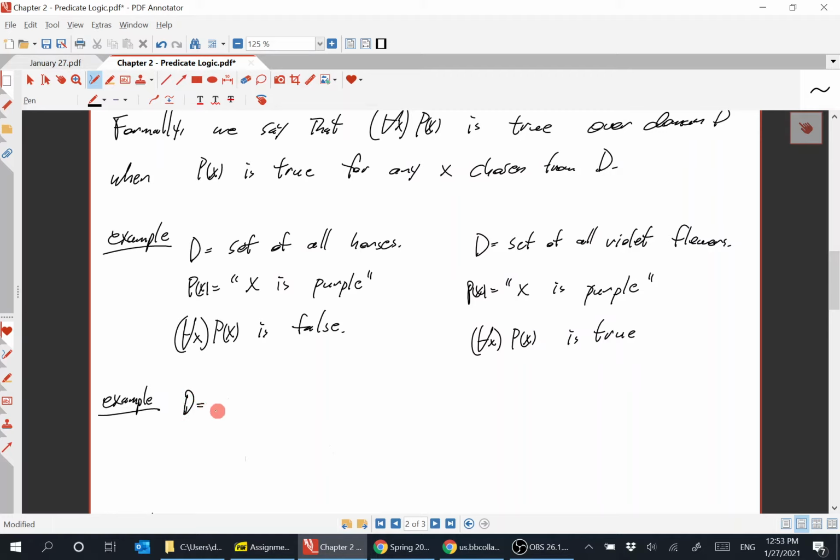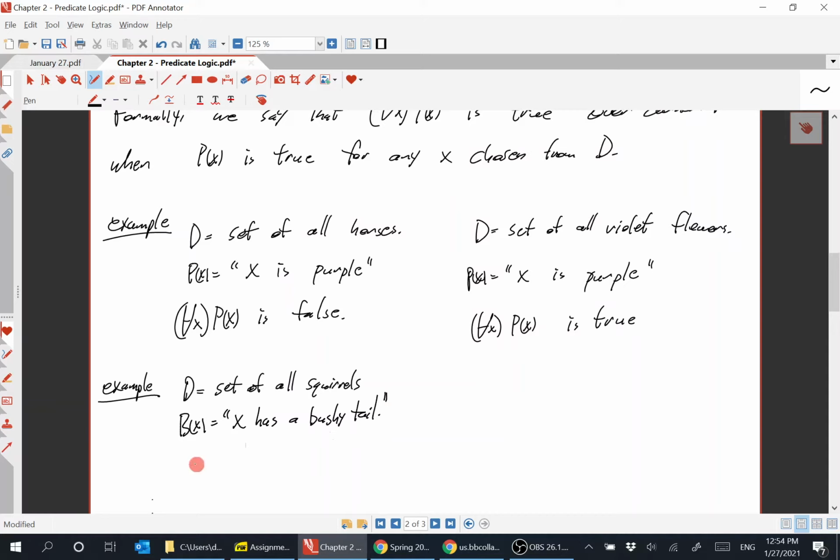So D is equal to the set of all squirrels. The set of all squirrels. Right, and B of x is x has a bushy tail.